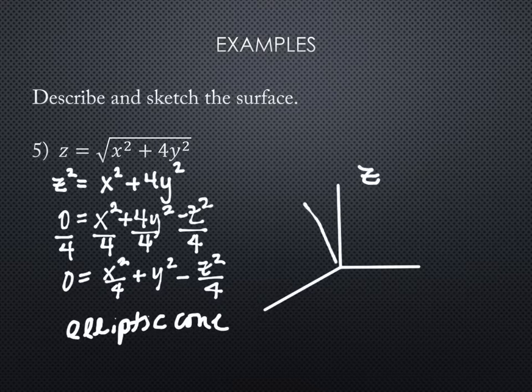So we're going to have a shape that looks like, whoops, let me use something straight to draw that, that'll be easier. That looks like a cone opening upwards and a cone opening downwards, right? And it has this elliptic shape on the top and the bottom. Let me see if I can copy that and paste it. Nice. Okay, so here's my elliptic cone.